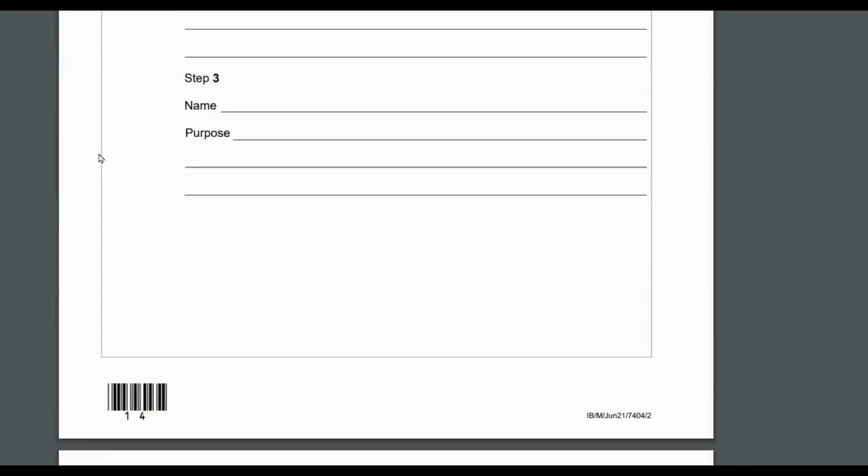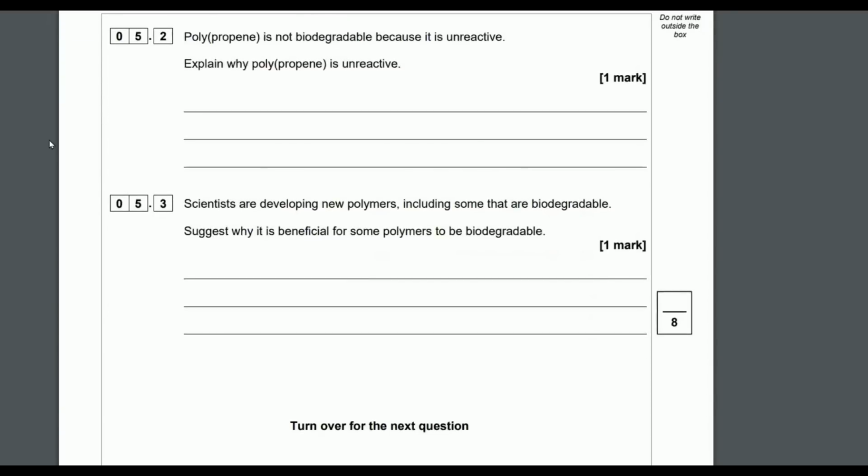Right, 5.2, polypropene is not biodegradable because it is unreactive. Explain why polypropene is unreactive. Well, if you look at the bonding in an addition polymer, they tend to have carbon-carbon bonds or carbon-hydrogen bonds, CH bonds or CC bonds. Here is my polypropene. And essentially, these bonds, what do you notice about carbon-carbon and carbon-hydrogen?